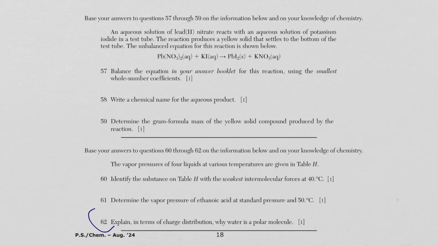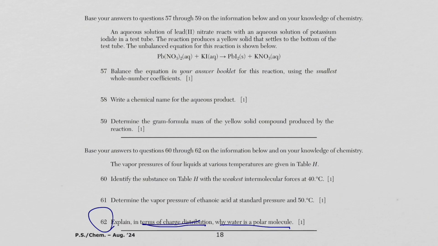For 62, explain in terms of charge distribution why water is a polar molecule. Well, it's the same whether it's water or any other polar molecule. We say that the charge distribution is asymmetrical. In other words, it's uneven. Water is polar, and polar molecules are asymmetrical.